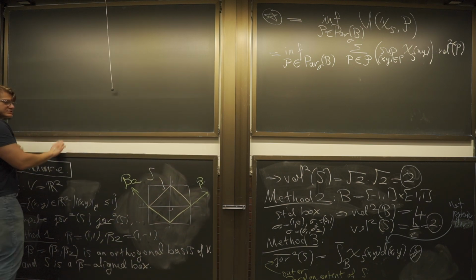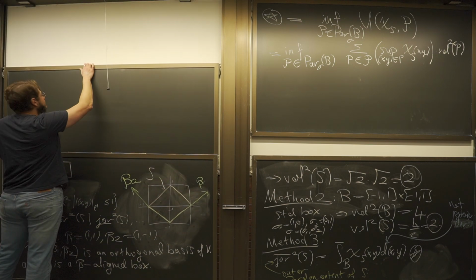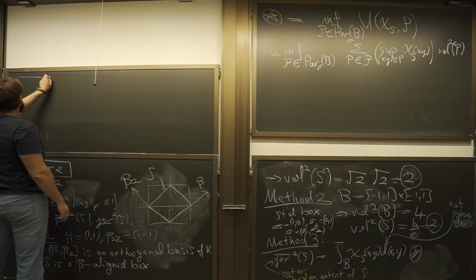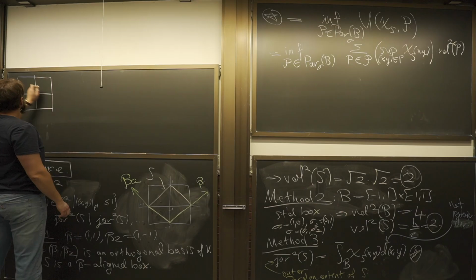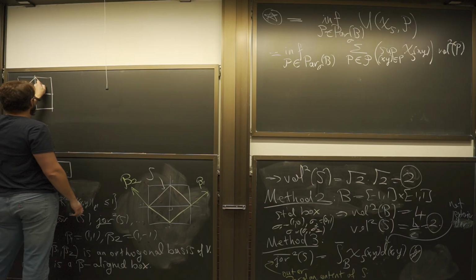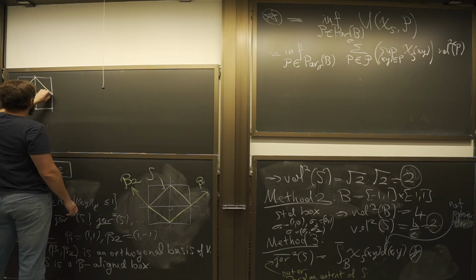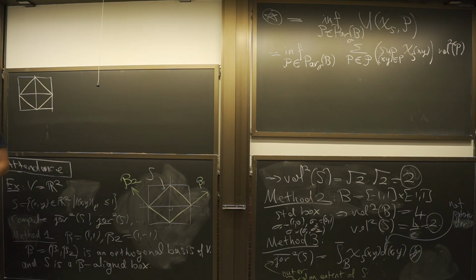I'm going to draw some pictures. That's my B. That's my S. Here's, for instance, one pixelation, partition.